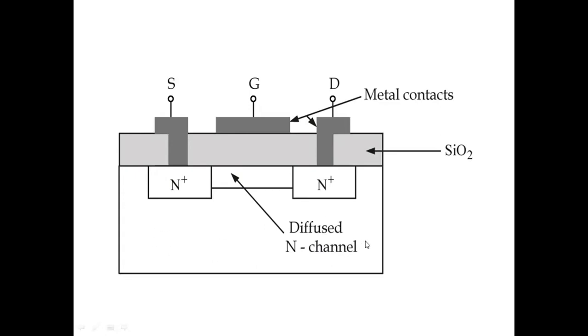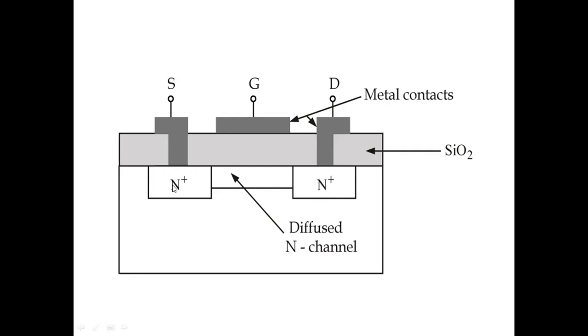So two heavily doped N plus regions are diffused into the lightly doped P-type substrate. One N plus region acts as the source, and the other N plus region acts as the drain, and an N channel is diffused between source and drain.